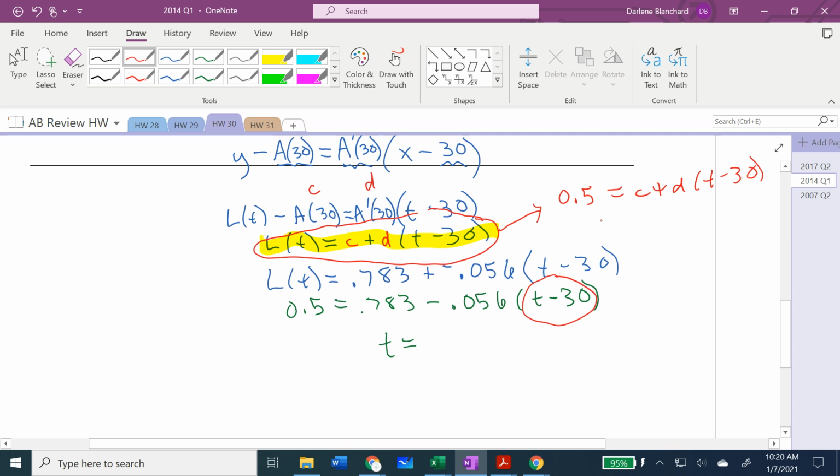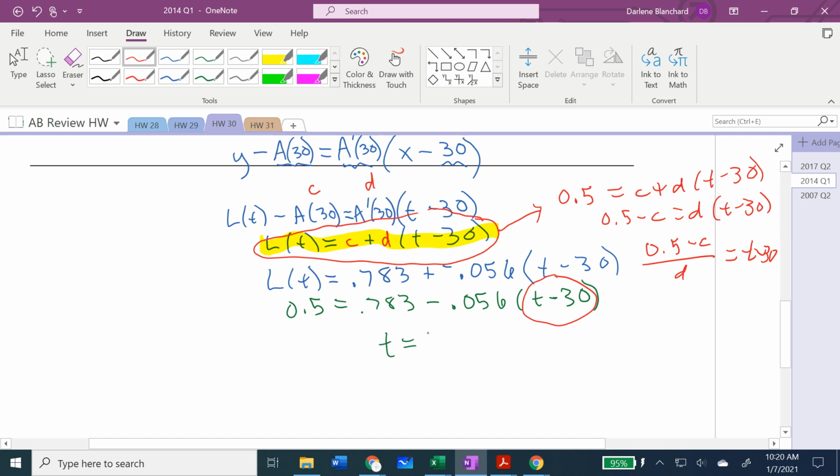And if you need to go step by step on the algebra, you can. And then add the 30 and boom. And by doing this, you have the most accurate answer you can get. And your answer has to be accurate to 3 digits after the decimal point.